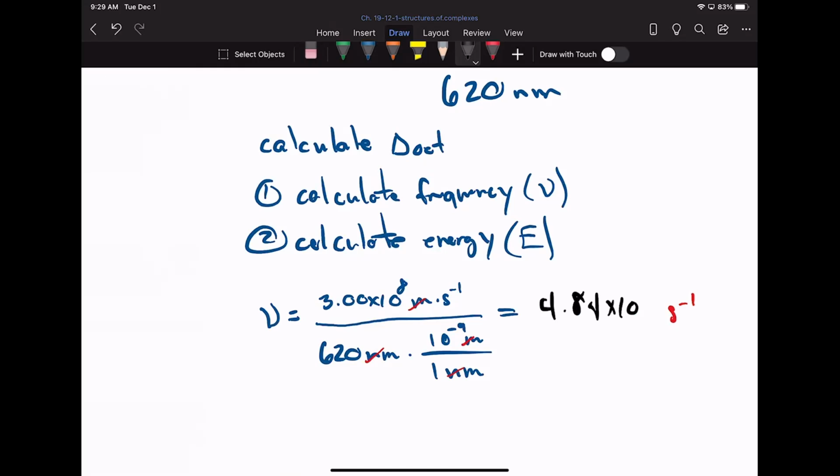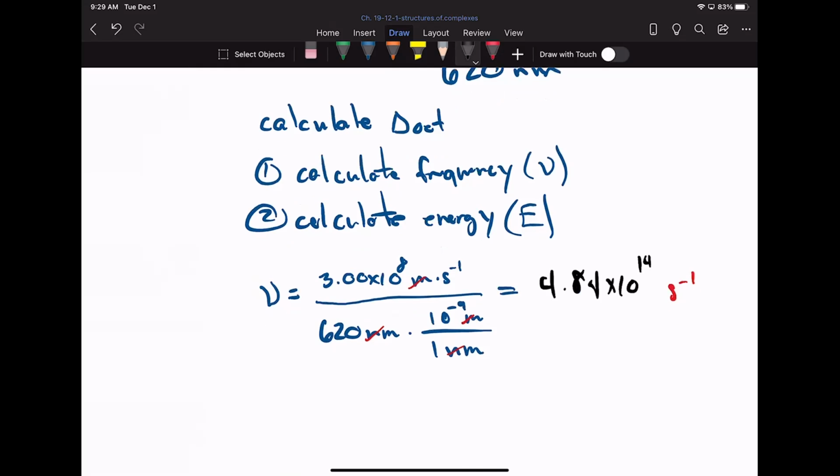It should be a relatively large number. I mean, times 10 to the 14. Okay, that sounds more like it. So 10 to the 14. Okay, so now we have frequency.